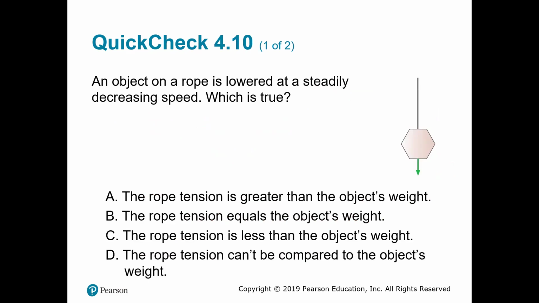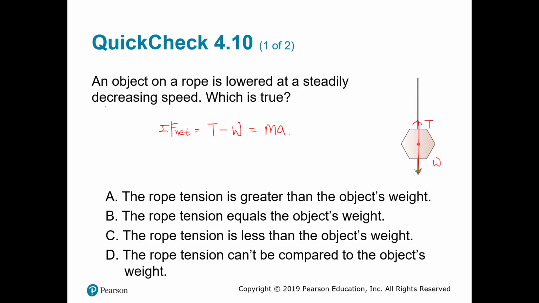Now, this is a little trickier question. Objects, the same situation, right? So the net force acting on this object is again tension acting upward, weight acting downwards, right? So again, your F net is tension upward, weight acting downward, equals again ma, right?